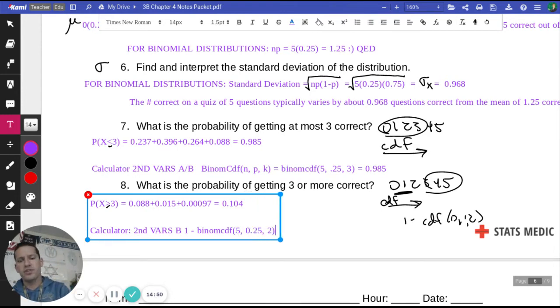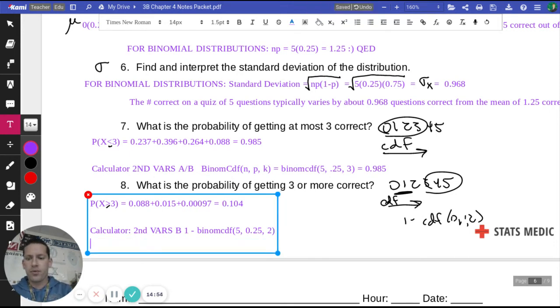So it's going to include 0, 1, and 2 being correct. And then that will give us 1 minus 0.896, which when I subtract will give me about 10% there, which is what I got when I had all three of those added together as well.